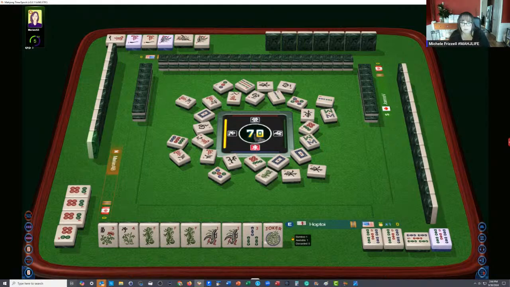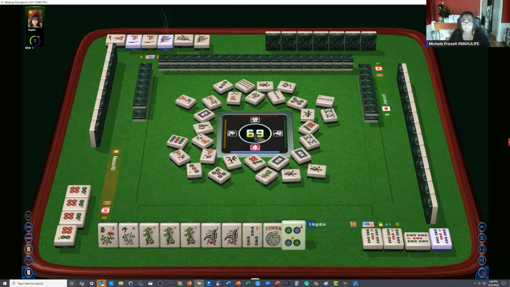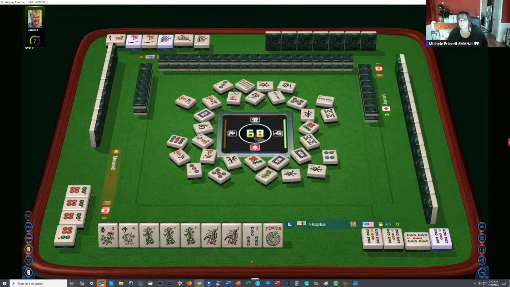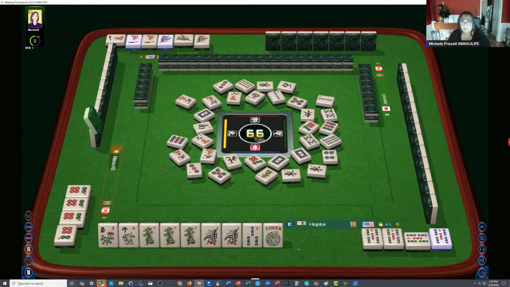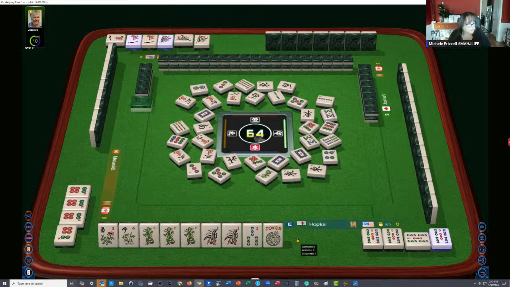They're playing to win with 2 exposures. 3 dots. Four dots. 6 bamboos. 9 dots. Okay, it looks like nobody's playing 3, 6, 9. I think we have a good chance at someone discarding the 3 bam soon. 9 bamboos.